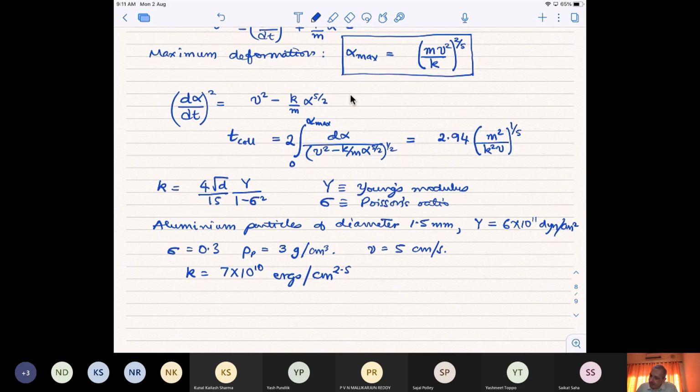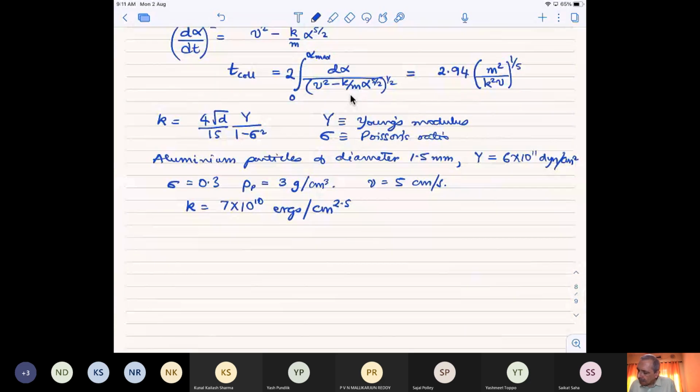Because of the way that this is defined, K has to have these units. And then you can calculate what will be your T collision from this. This I'll leave to you to do. It is something equal to 5 into 10 raised to the power of minus 6 seconds.